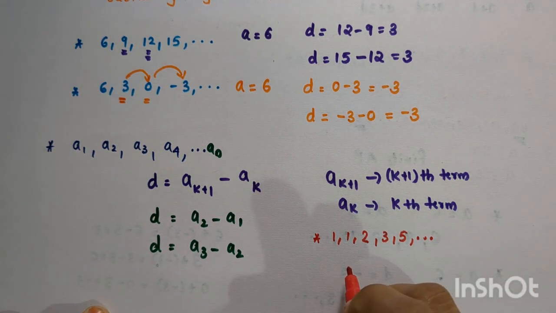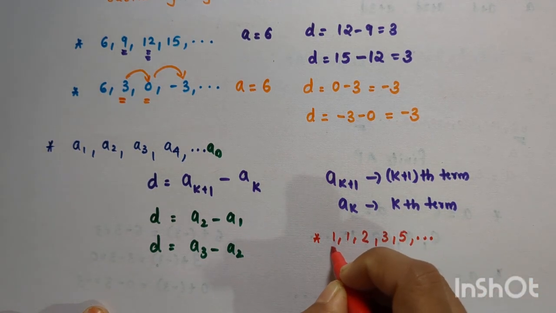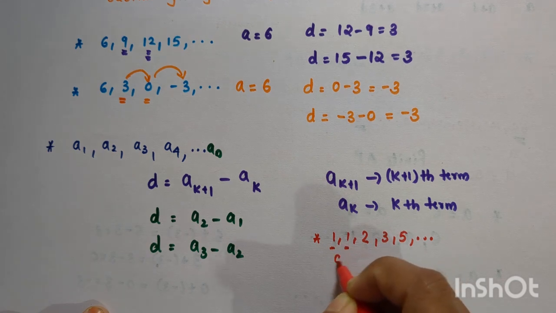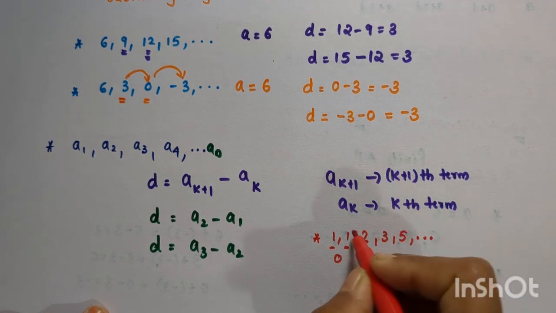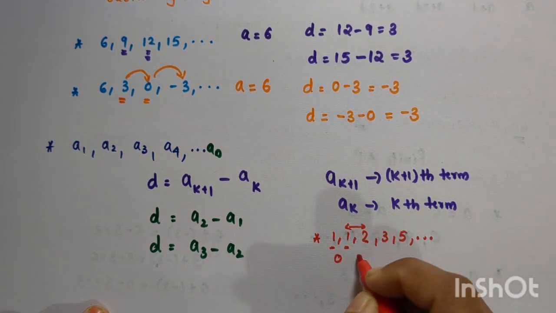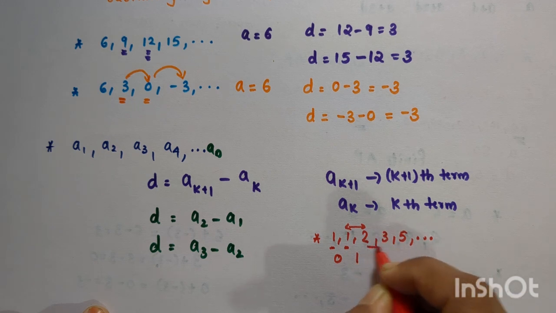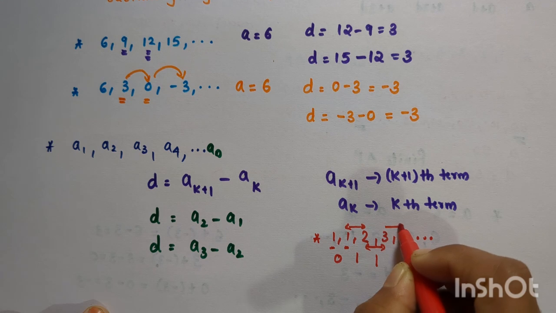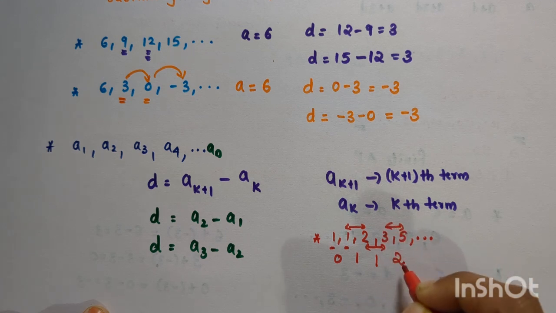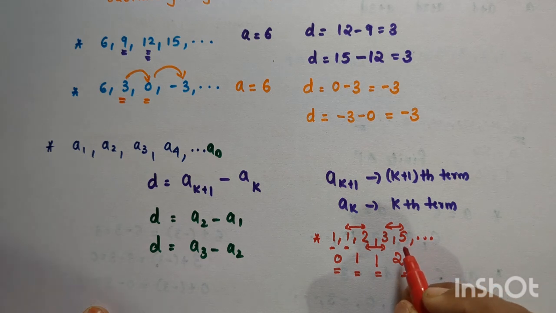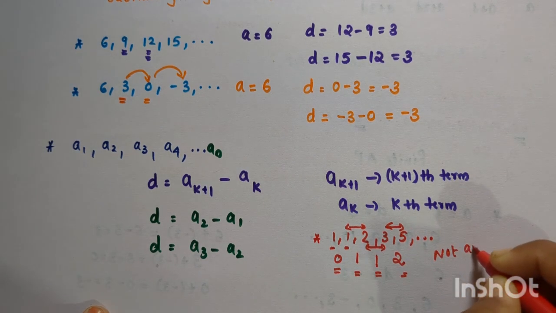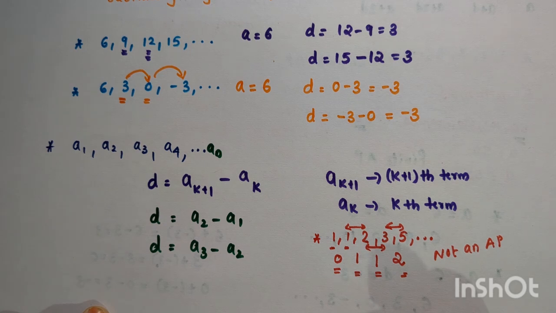For the first two terms, 1 minus 1 is 0. For the next two, 2 minus 1 is 1. Then 3 minus 2 is 1, and 5 minus 3 is 2. So the differences between consecutive terms are not the same. So this is not an AP.